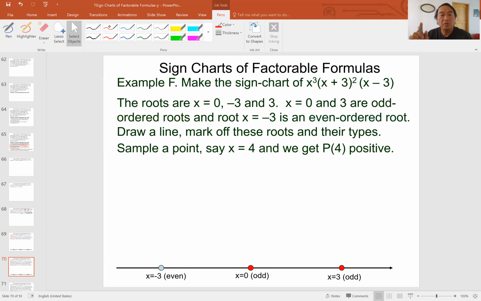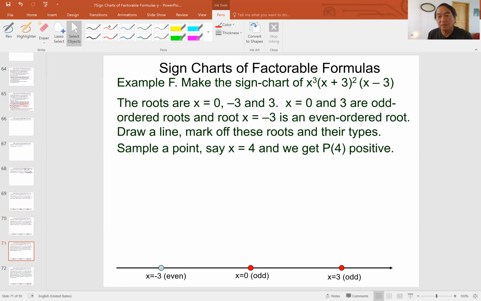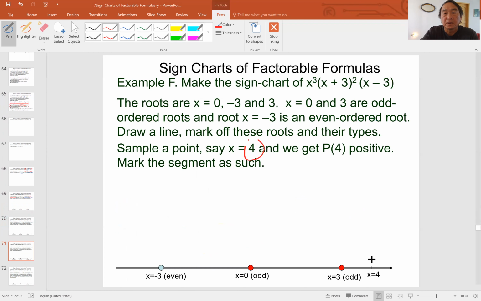So here we go. Let's test one point. Let's look at test number 4. You put the number 4 into this, and you have positive numbers times positive numbers, and 4 minus 3 is positive. Therefore everything's positive, so we get a positive, and these segments to the right of the number 3 are all positive.